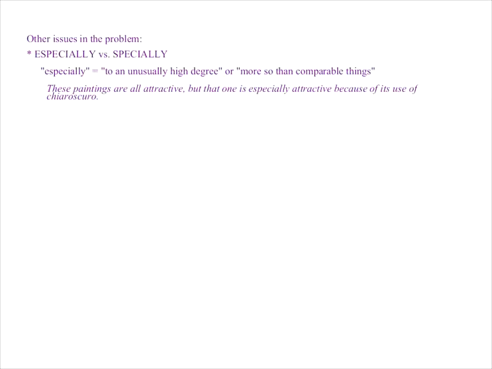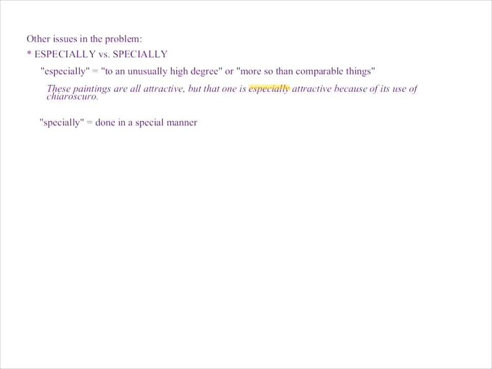So notice that especially just means it's more attractive than the other ones are. So just to a greater degree, especially to a greater degree. Specially is the adverb form of special, so it just means done in a special manner.